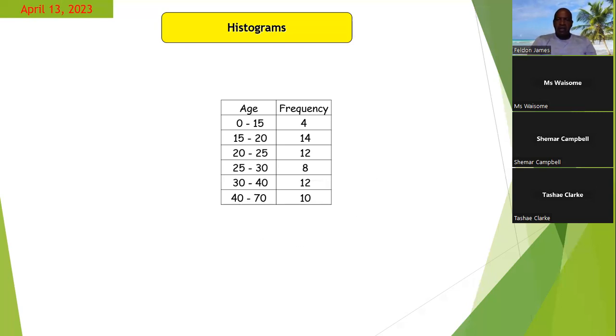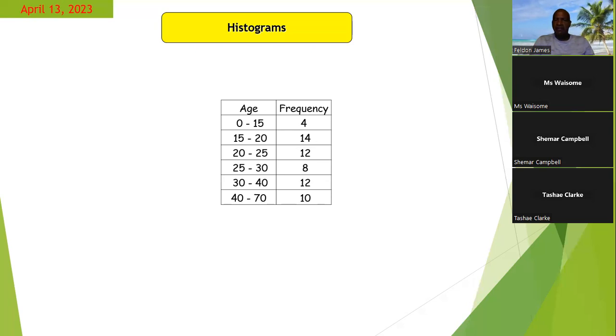All right. So looking at this frequency distribution table, which is a group distribution, you can see all the various classes in the left column for ages. On the right, you see the frequency. Now, when you look at this table, the frequency is telling you how many data or how many values fall within a particular class.